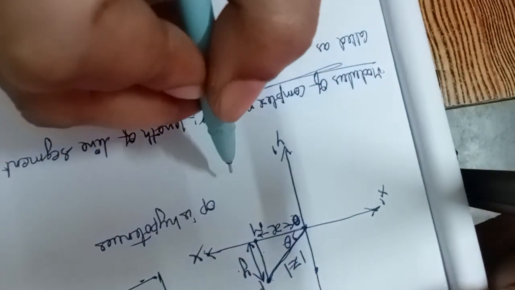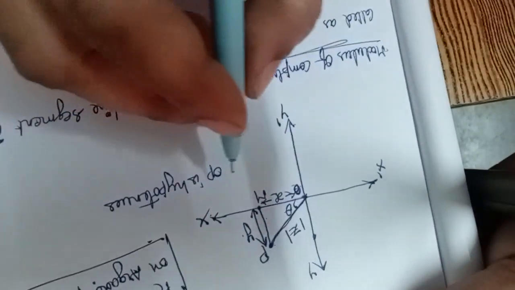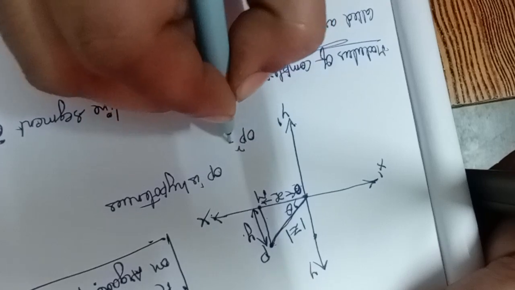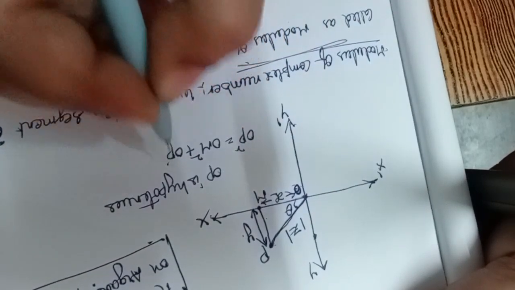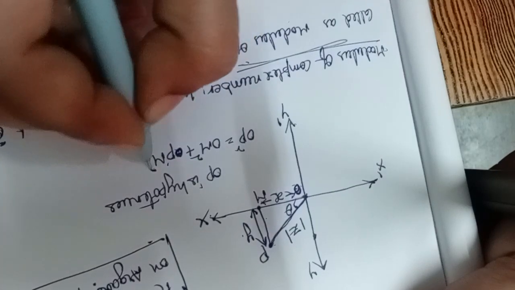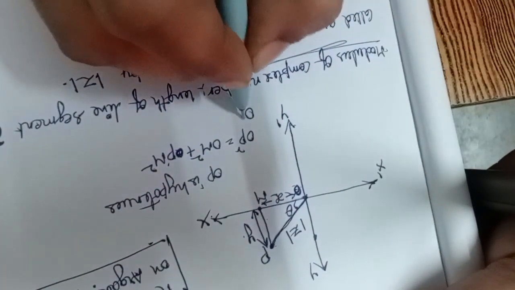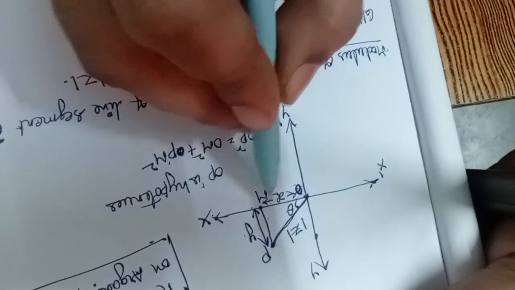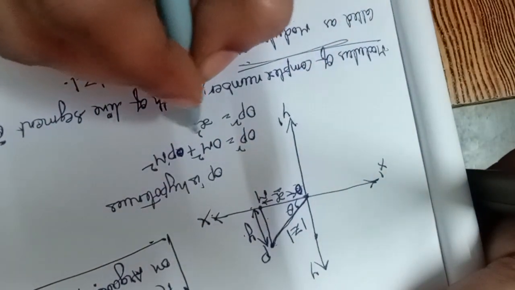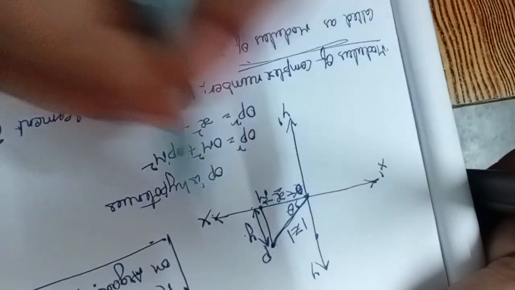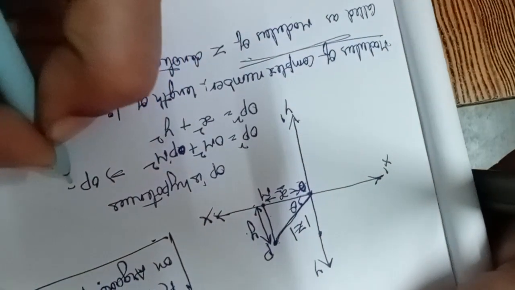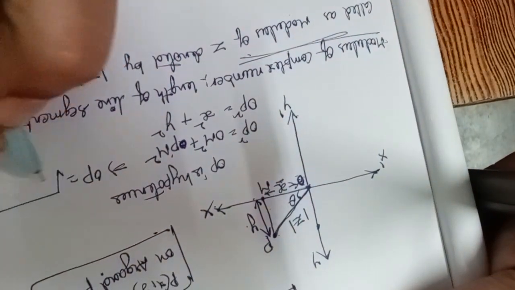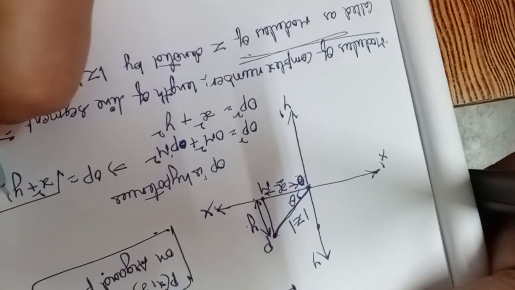By the Pythagoras theorem, OP square equals OM square plus PM square. OM is x here, so x square plus PM, which is y square. This implies OP equals root of x square plus y square.